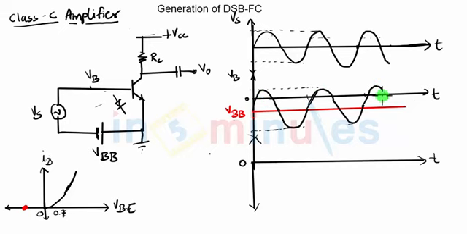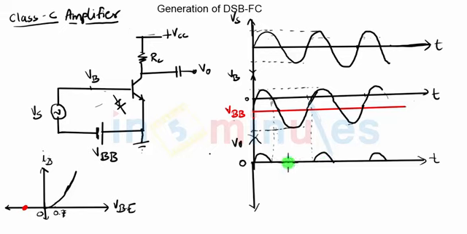And whenever BJT conducts, there will be corresponding collector current, and if you take the output voltage VO across RC, you will get the output voltage that will be in the form of pulses. What happens to output voltage in between the two pulses? You can see in between the two pulses, the base voltage is negative, it is below zero level, and hence BJT remains in cutoff, and hence output is also zero.